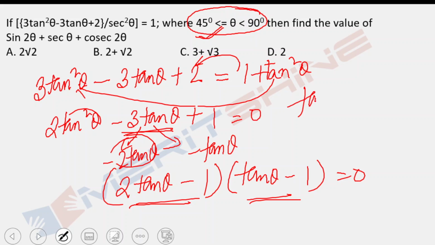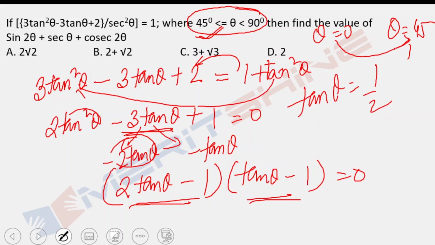Now, can tan theta be half? Even if you do not know the theta value at which tan theta is equal to half, that doesn't matter. But you know the range that tan theta starts from 0 at theta is equal to 0 and goes up to 1 at 45 degree. So, half would be between 0 to 45 degree, because from 45 degree till 90 degree, tan theta goes till infinite, right?